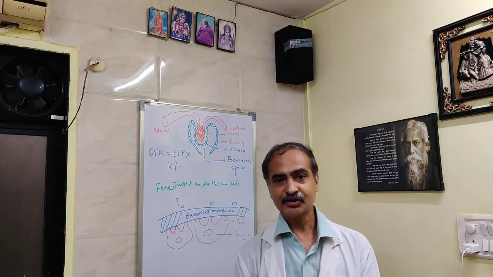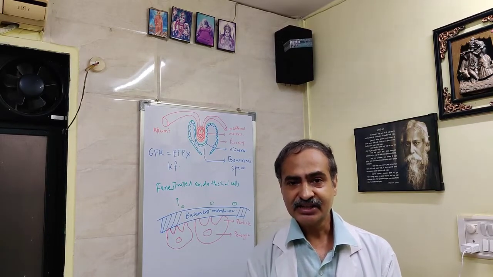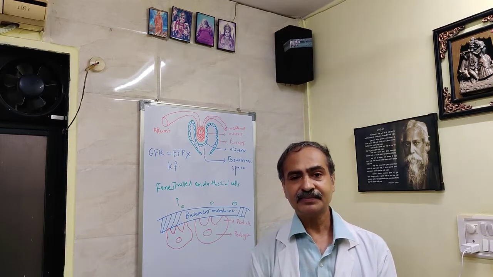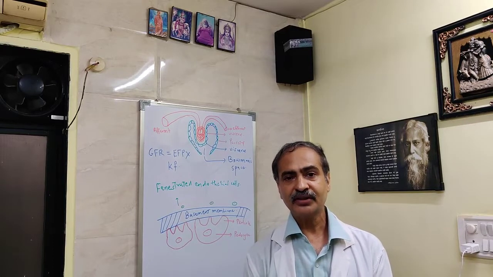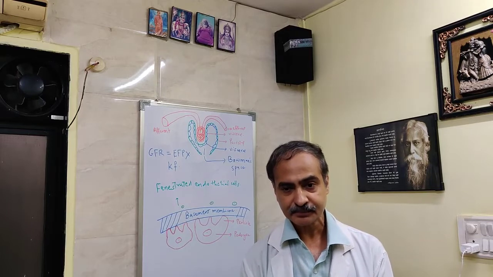Now, what is this glomerular filtration rate? We have seen that the kidney has significantly high blood flow, which is about 22 to 26% of the cardiac output per minute, and that is 1.2 to 1.3 liters of blood passing through both the kidneys per minute.